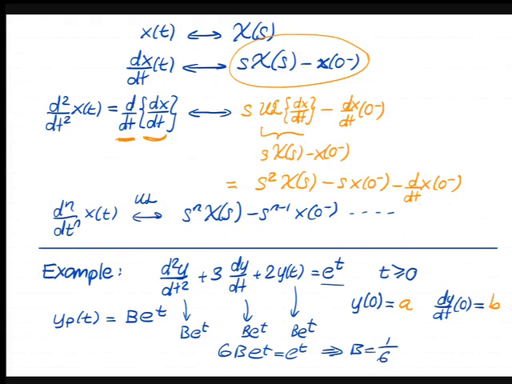And then we solve for what's called the homogeneous solution. That means, what if there was no forcing? If the right-hand side was just 0. So d square y dt square plus 3 dy dt plus 2y equal to 0, right? What are the solutions for this?